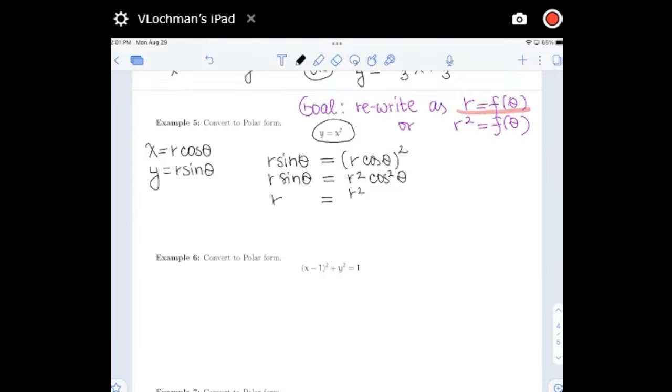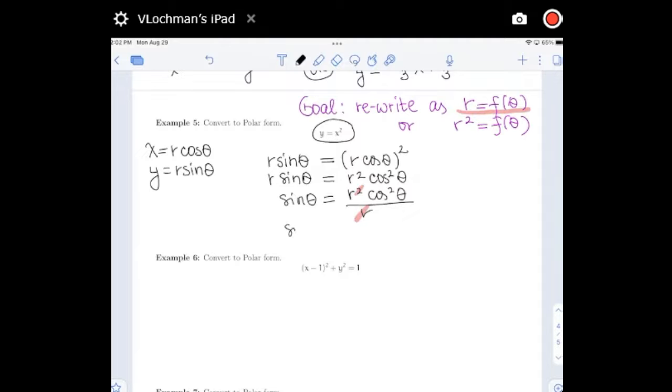Let's see, how do I want to do it? Yeah, let's do this. That's fine. Sorry, not r is equal to. We're going to do sine of theta is equal to r squared cosine squared theta over r. Okay, so this and this cancel out.